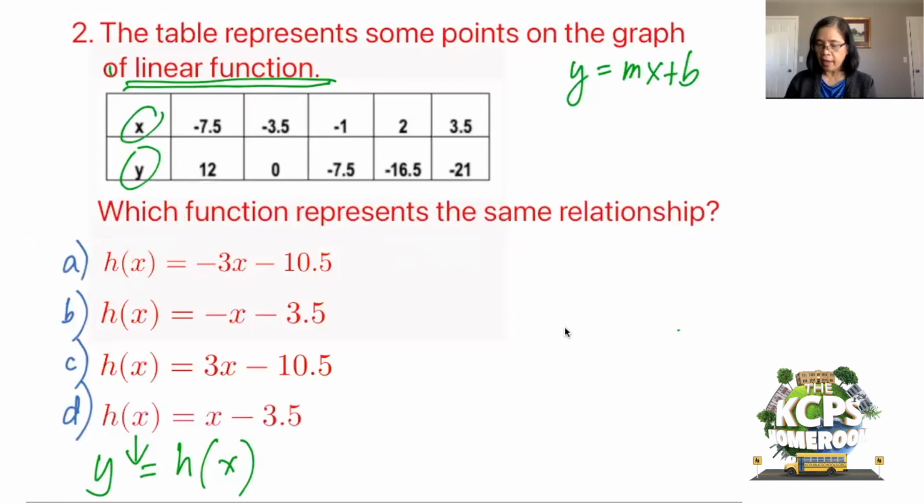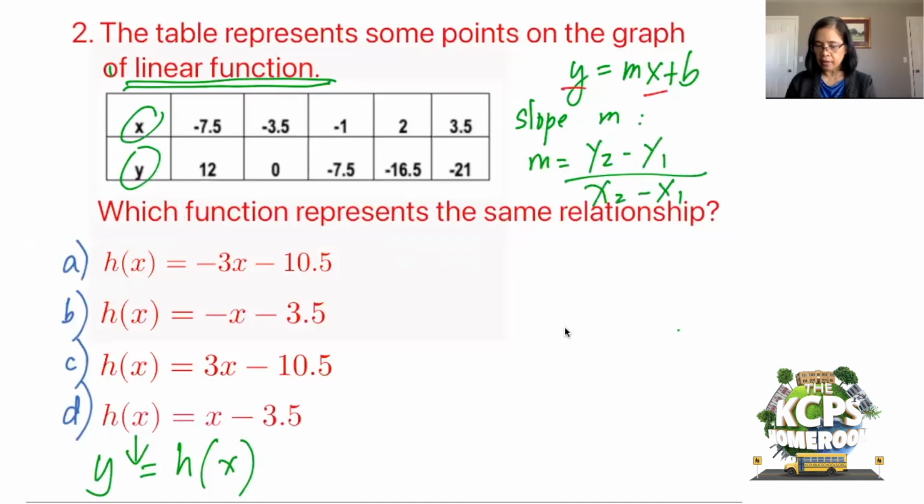So we can take any point, x and y, on the table. And our goal here first is to find our slope. If you remember the slope m, we have the formula m equals y sub 2 minus y sub 1, or the difference in y over x sub 2 minus x sub 1.